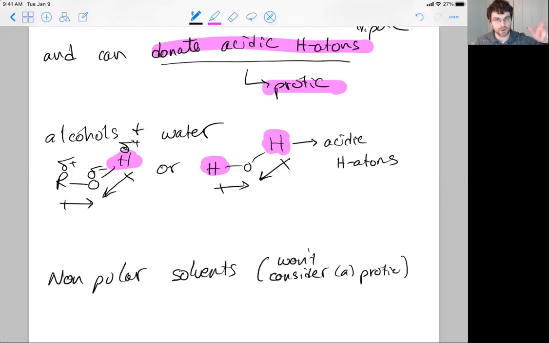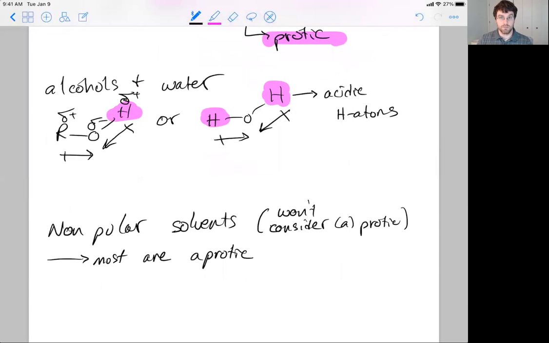There's polar protic, where we can donate a proton, polar aprotic, where we don't have an acidic hydrogen to donate, and then just non-polar by themselves. The reason why is most non-polar solvents are aprotic. It's impractical for our discussion to use things that are protic and non-polar. So we just don't even include that classification. And when I say most, I mean the vast majority are aprotic.